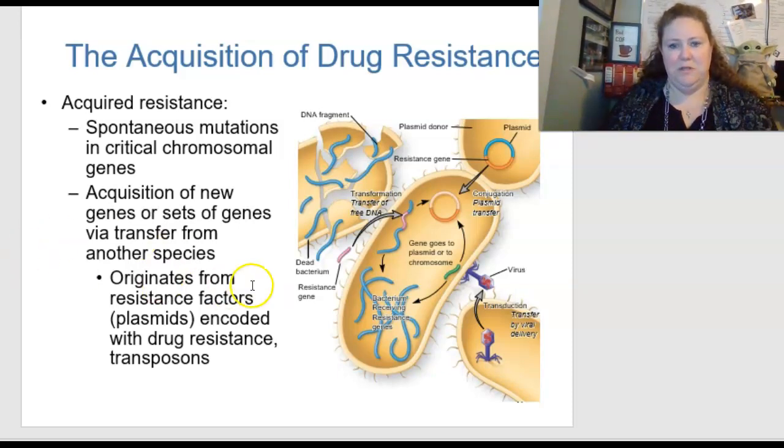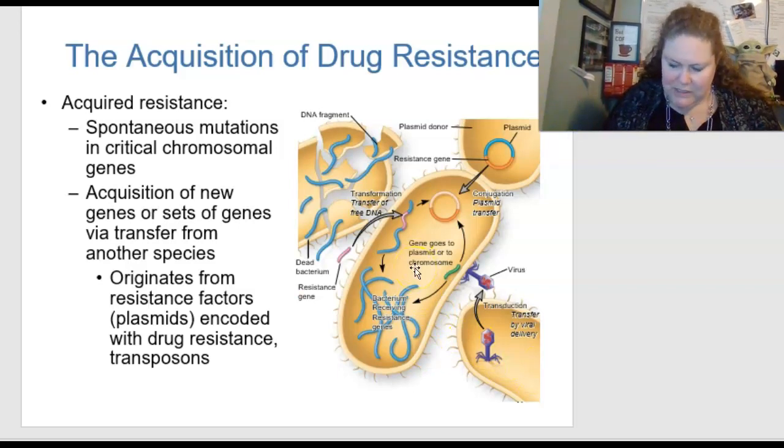This originates from resistance factors such as plasmids, or it can be encoded with drug resistance such as transposons. In this picture, the bacteria transmit R factors, which often contain numerous genes for drug resistance, by means of conjugation, transduction, and transformation. The widespread occurrence of such exchanges accounts for the rapid spread of drug resistance.